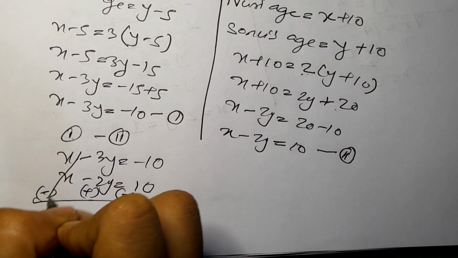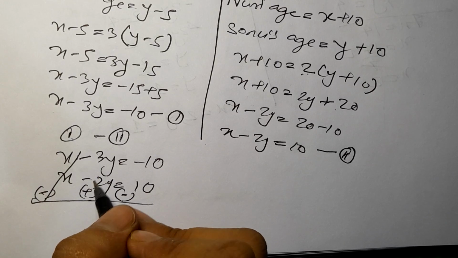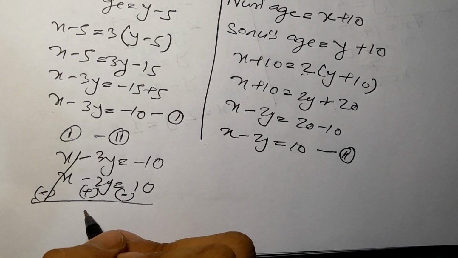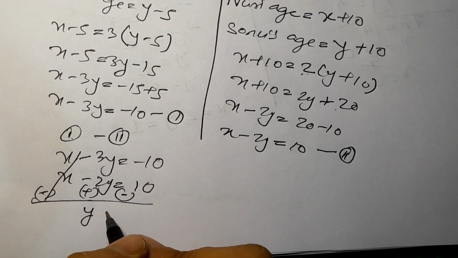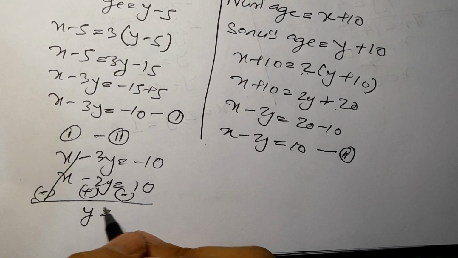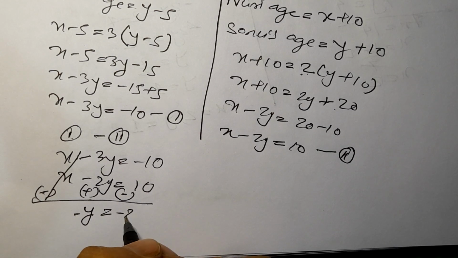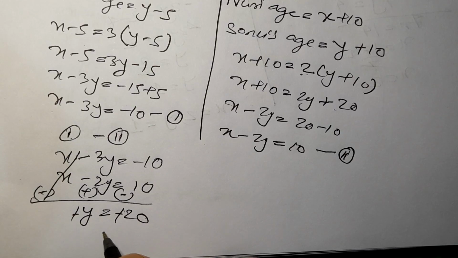So this and this are eliminated. Now it will be minus 3y plus 2y, that is minus y, equal to, here minus is there, here will be minus 20. Minus and minus cancelled. y is equal to 20.